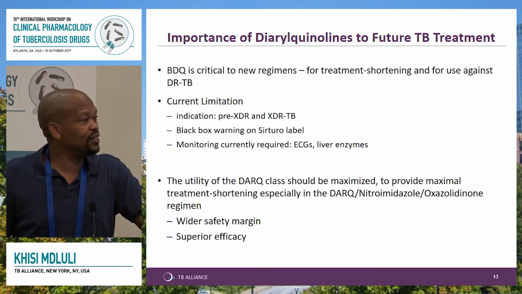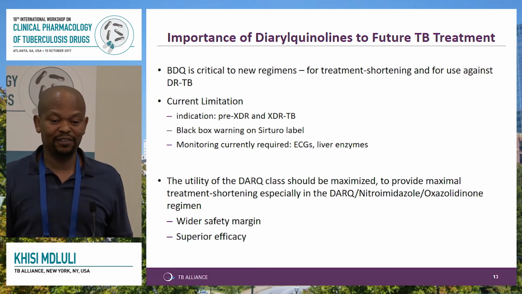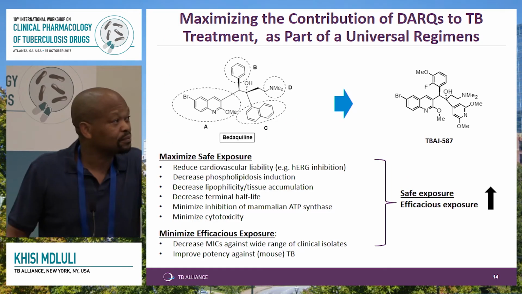So the utility of the diarylquinoline class, therefore, should be maximized, and we think that one way of doing that is removing some of these issues, and actually maybe even have a safer margin. But importantly, we might even get superior efficacy if we can keep improving on the exposure.